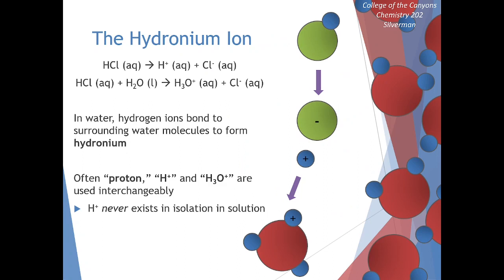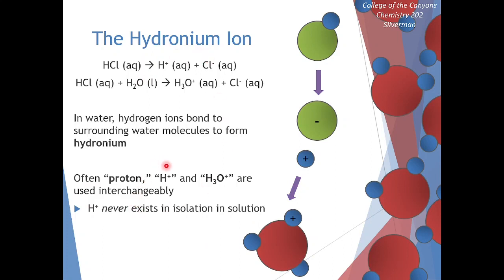Now, when our acid produces that H+, here we saw that picture, what actually happens in water is we have tons and tons of solvent molecules, water molecules, also present. So this H+ that we produce in our solutions, in reality, is not going to really stick around. It will find a water molecule and join up with it. The result is this H3O+ polyatomic ion, which we call hydronium.